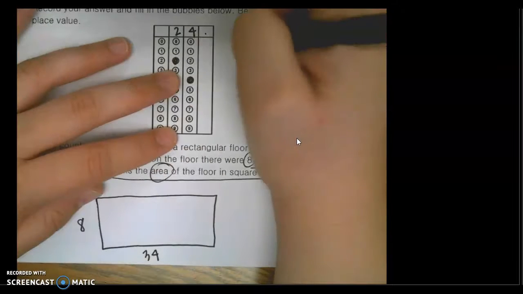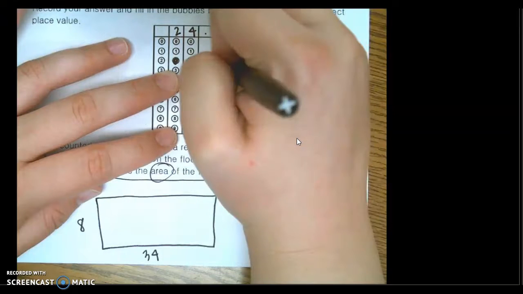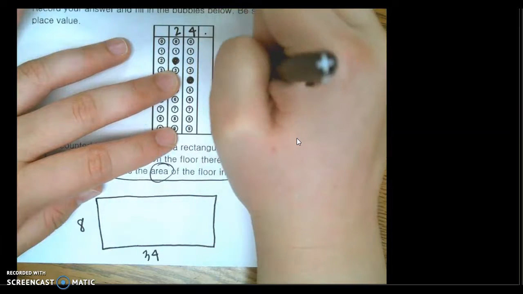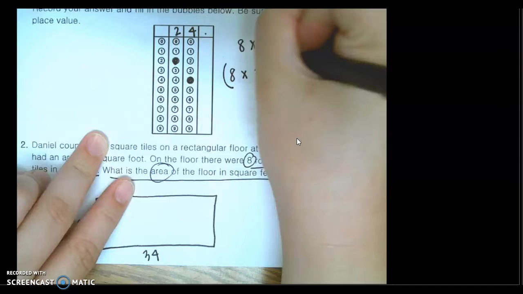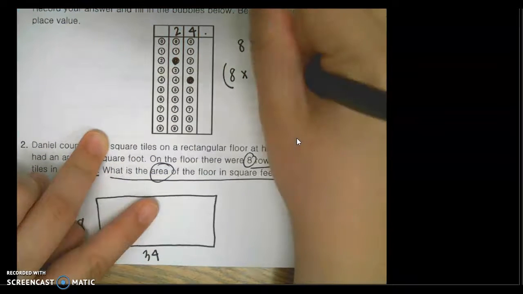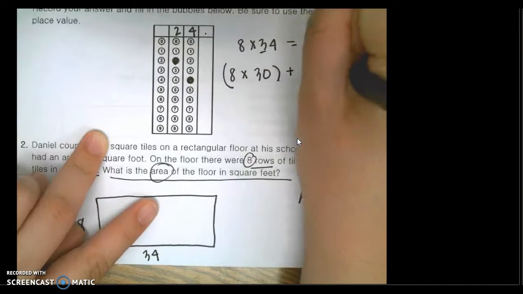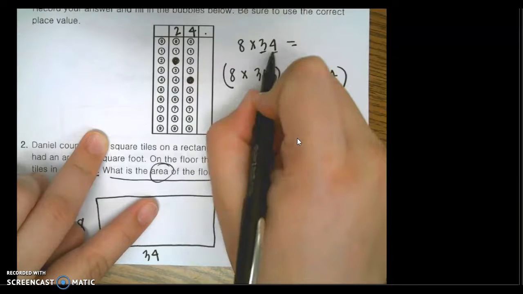All right, so 8 times 34, which equals 8 times 30, because that's my 3 in my tens place, plus 8 times 4, the 4 in my ones place.